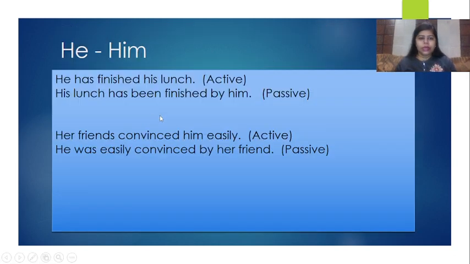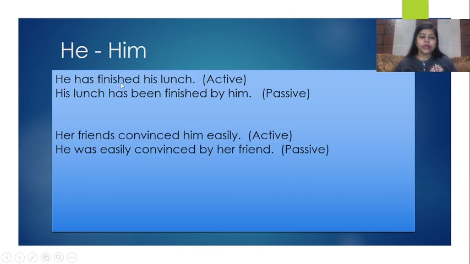Let's move to the next slide. Our first pronoun is he, and the objective pronoun of he is him. Wherever we see that he is a subject, when we convert the sentence into passive voice, in place of he we are going to use him. It is clearly written here: he has finished his lunch.